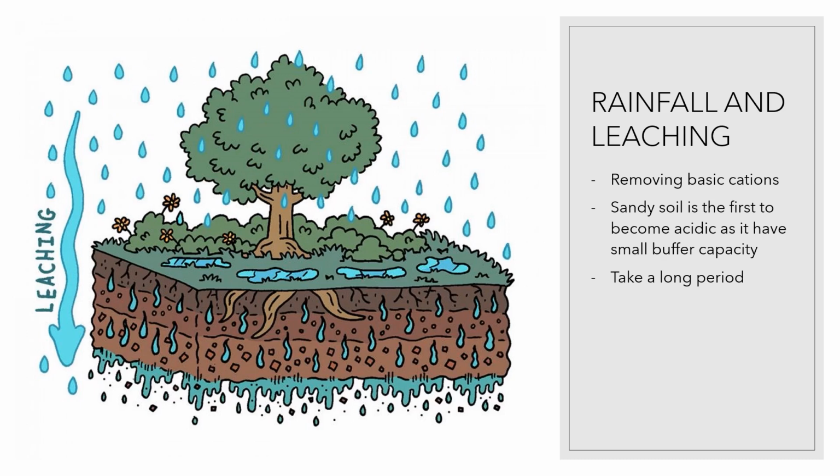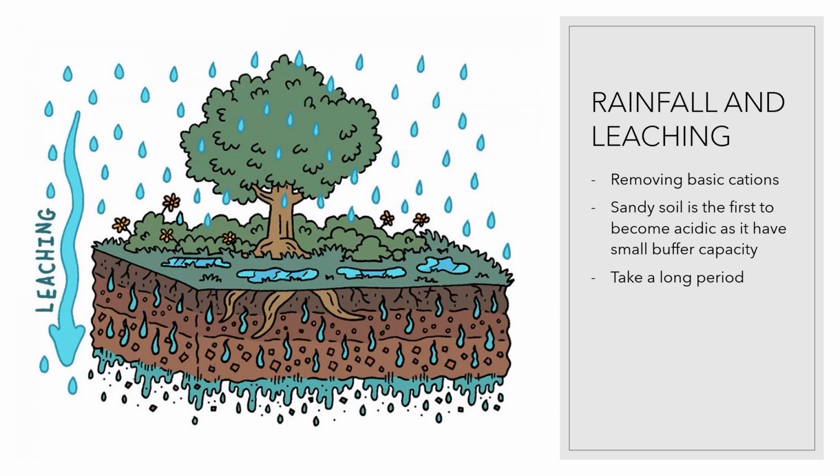Rainfall is most effective in causing soils to become acidic if a lot of water moves through the soil rapidly. Sandy soils are often the most likely to become acidic because water percolates rapidly, and sandy soil contains only a small reservoir of base due to low clay and organic matter contents.